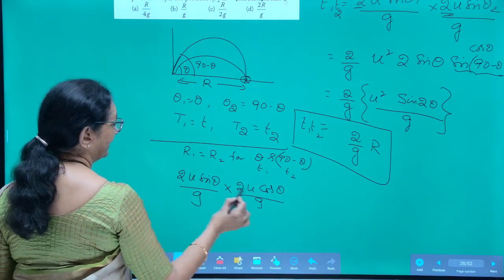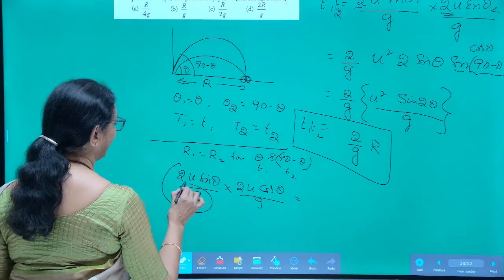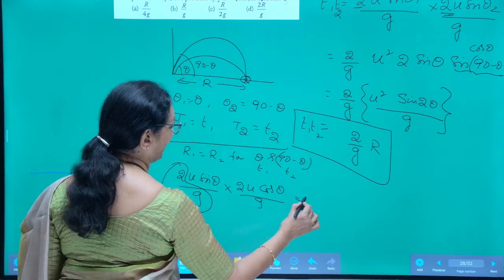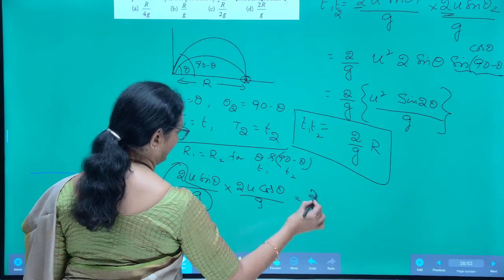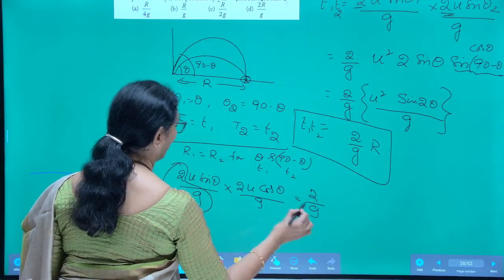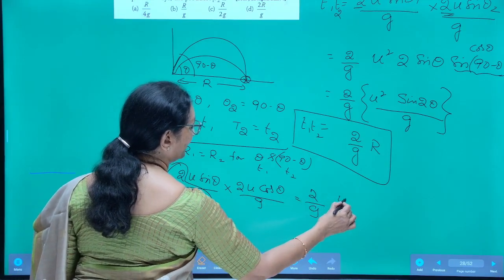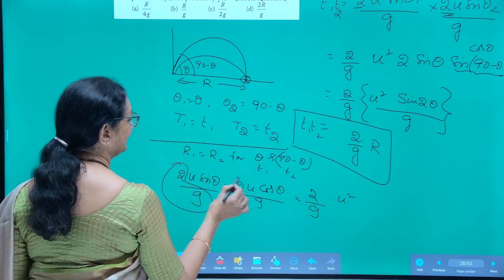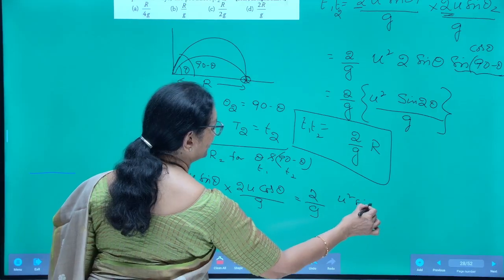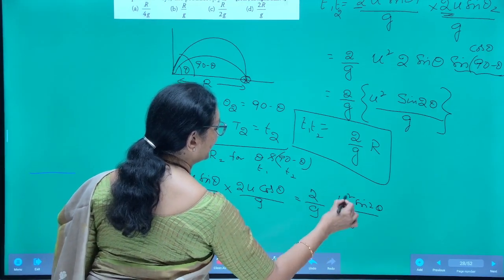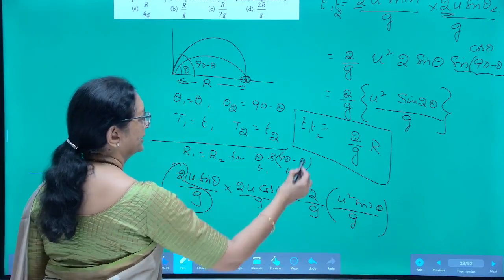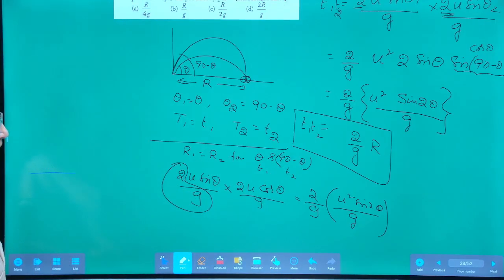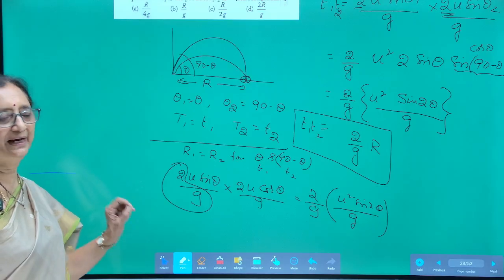If you take this 2 by g as common factor outside, u square 2 sin theta cos theta is sin 2 theta by g, this is equal to range. So, T1 T2 is equal to 2 by g into r.